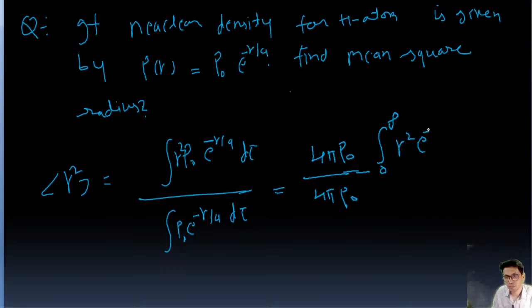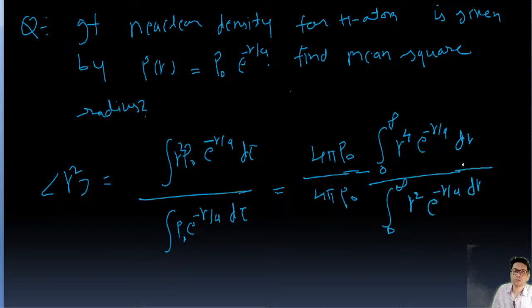In the numerator, r square e to the power minus r upon a, upon 0 to infinity. Because d tau is proportional to r square dr, this is going to be r to the power 4, and in the denominator r square e to the power minus r upon a dr. Nuclear density of the H atom is given, guys, and the radius will be between 0 to infinity.